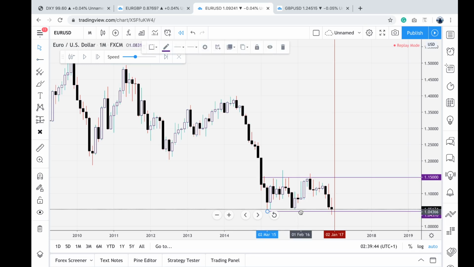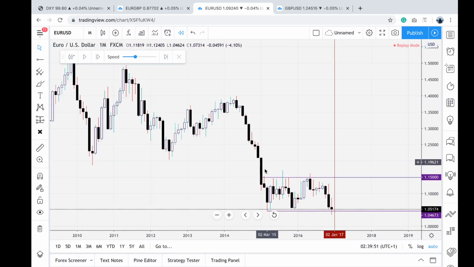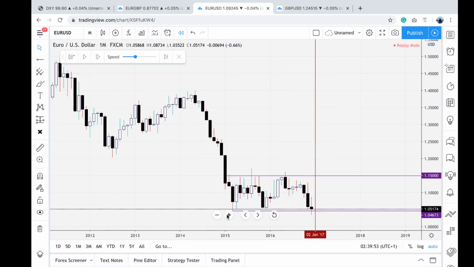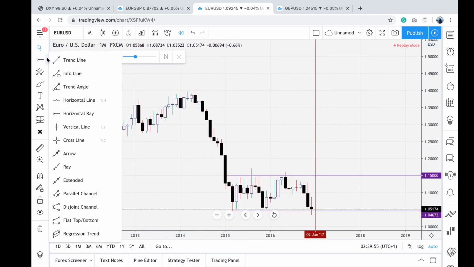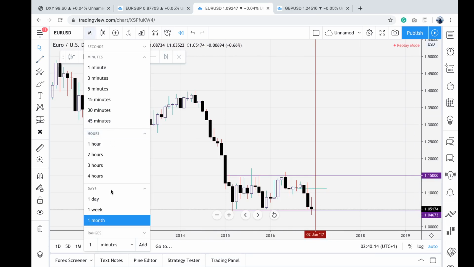Okay, and then we can shift to the weekly. One more thing to identify on the monthly, we've got to take note of our monthly bearish order block, which is this candle right here. What else can we reference? So that is all for the monthly. Now we shift to weekly.